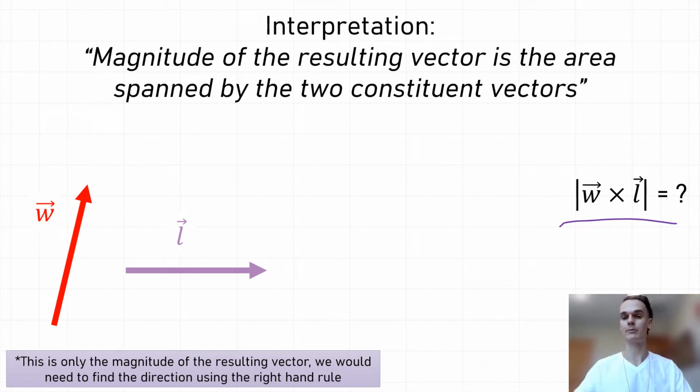The first step in doing so is redrawing the vectors tail to tail. So let's redraw vector W and vector L tail to tail.